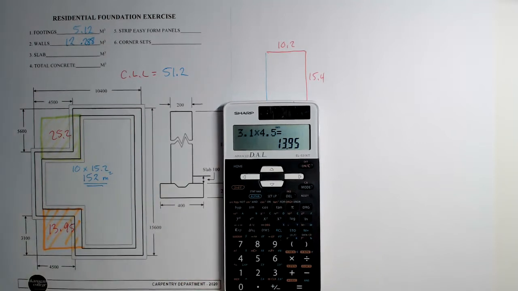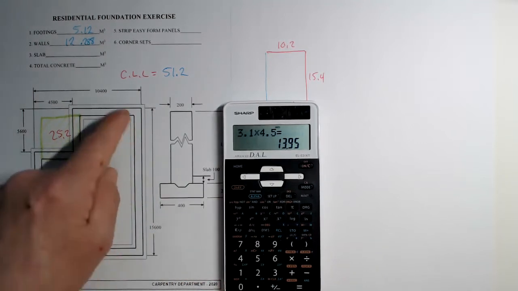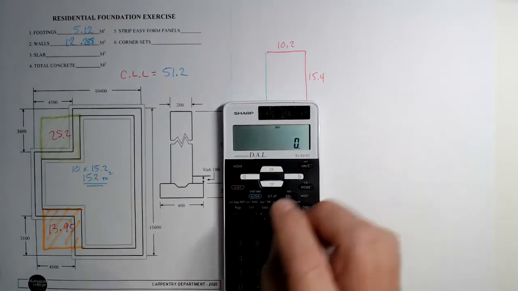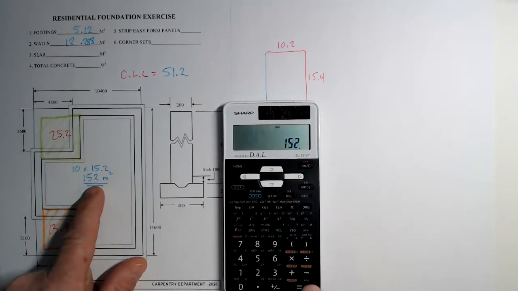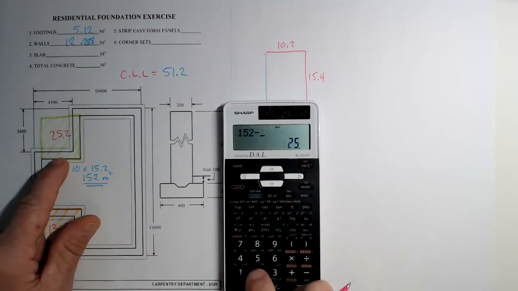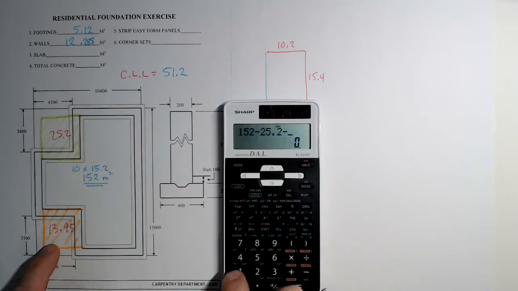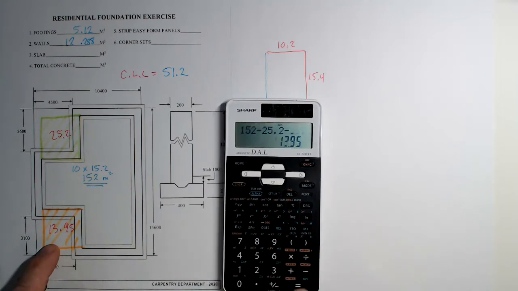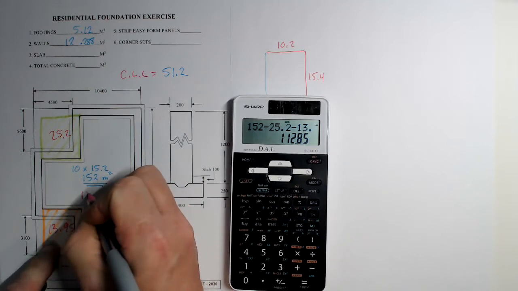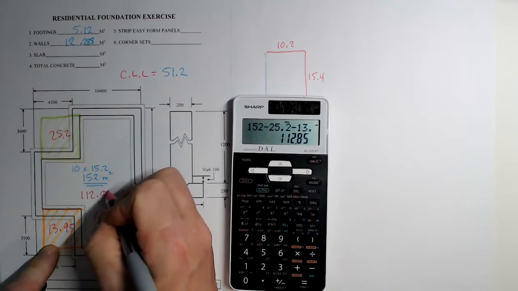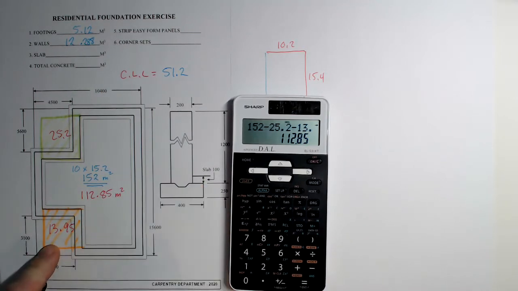And then the orange area is 3.1 multiplied by 4.5, which is 13.95. Let's subtract both of these numbers from the greater square, and that will give us the area of our basement slab. We start with the 152, subtract 25.2, and subtract 13.95. Now we have an accurate basement slab measurement of 112.85 square meters.